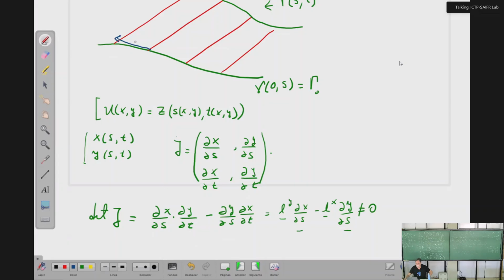This is the vector dx/ds, dy/ds. So it's the description of this curve parameterized by s. So you call this vector P, whatever.